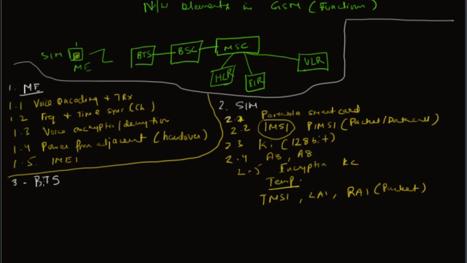This is called the base transceiver system or station, which is right here. We're going to talk about it right now, in case you're wondering. This handles the radio interface.